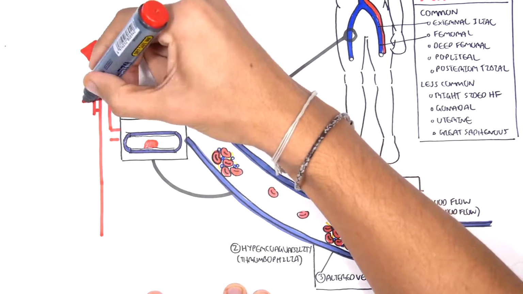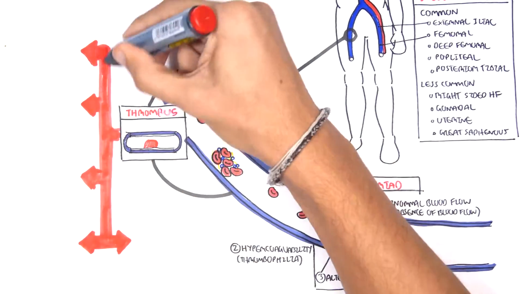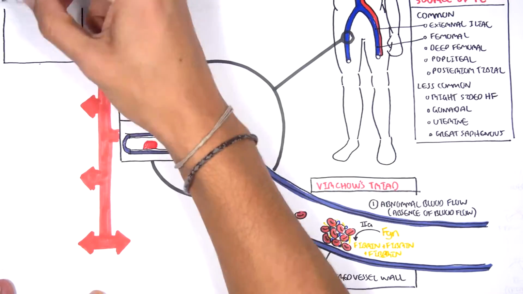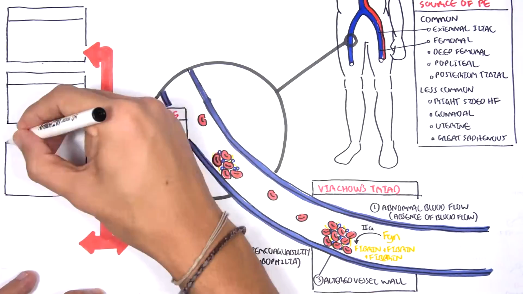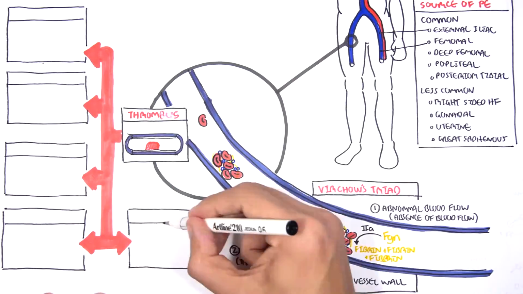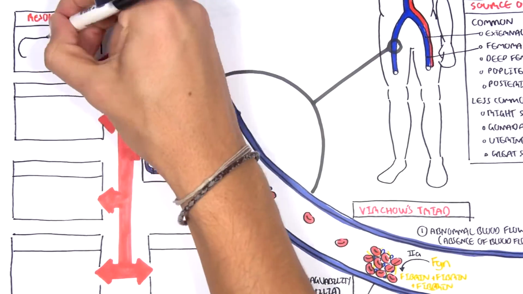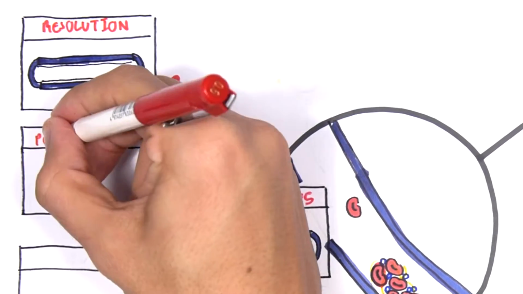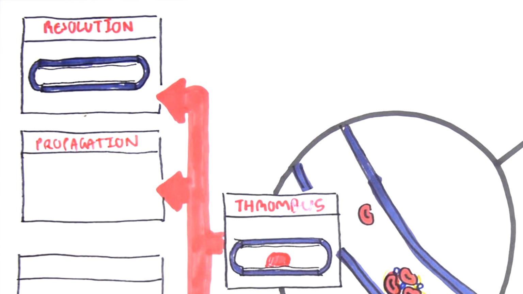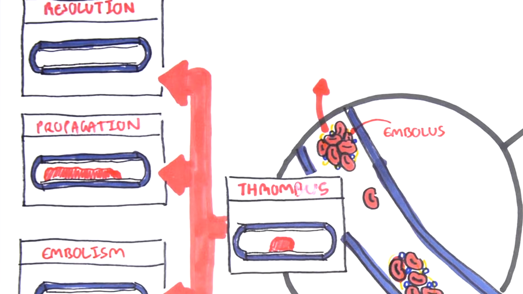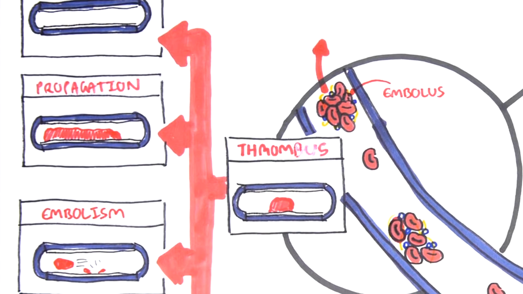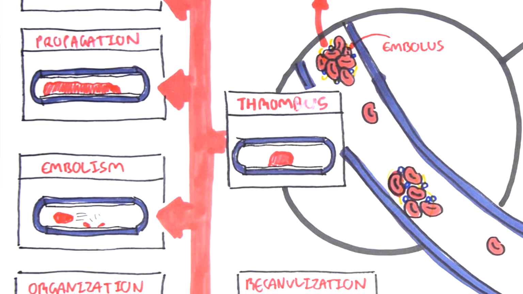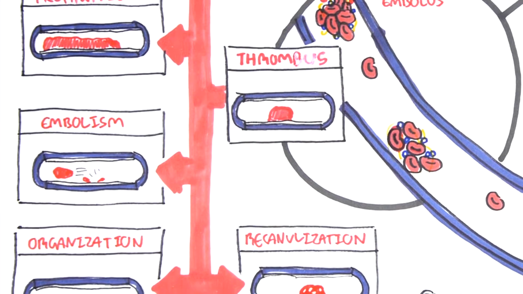Once a thrombus is formed, it has a few fates. We will talk about 5 in this video. A thrombus can just resolve, so it can disappear. So resolution is one outcome. The second outcome is propagation. The thrombus can just keep growing along the vein. 3, the thrombus can break off and lodge, forming an emboli, so embolism.